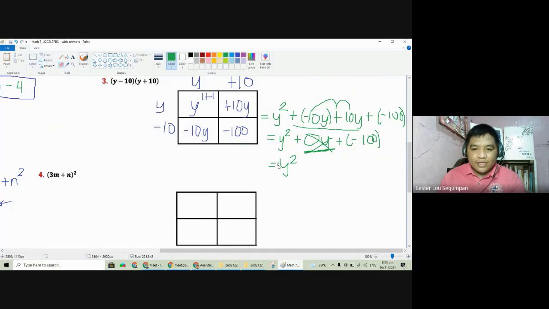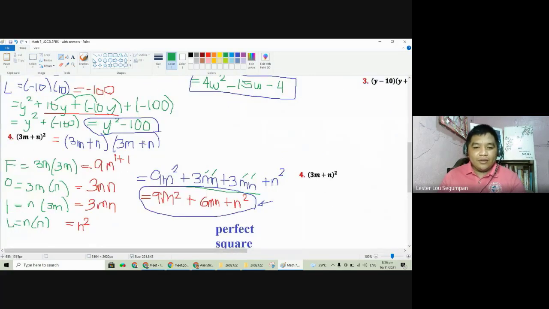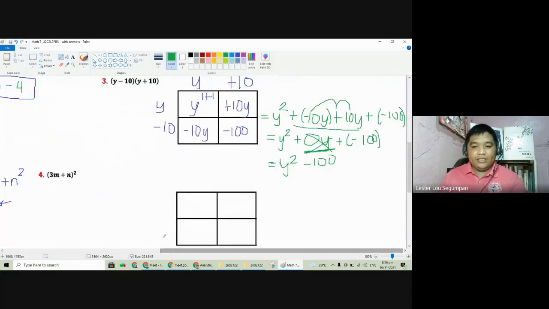Let me remove this little bit here for no confusion. Y squared and then remove grouping symbol here, minus 100. See, it has the same result as the FOIL method. So it's now up to you which is actually easier for you to apply or use. Just don't forget the correct mathematical procedures.